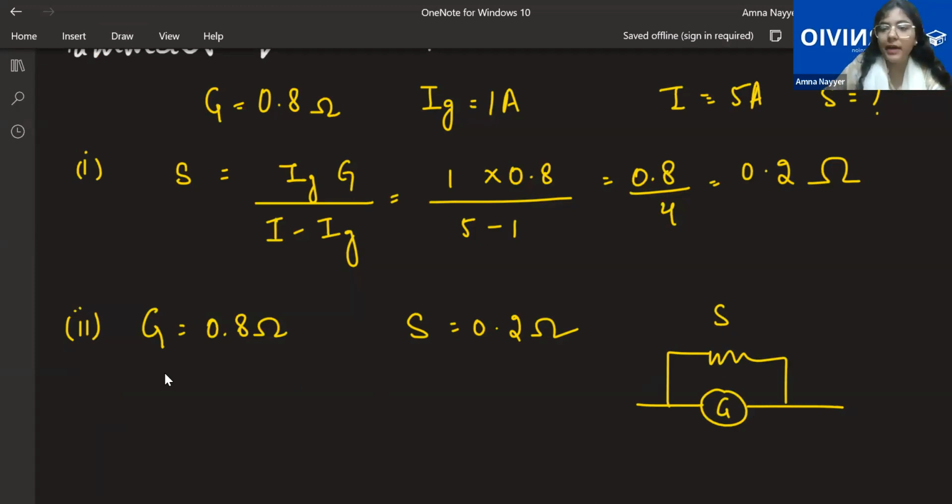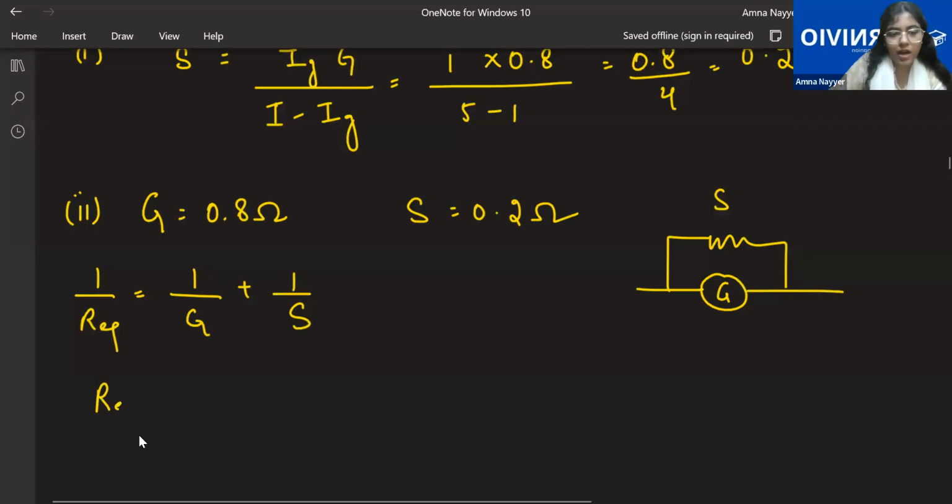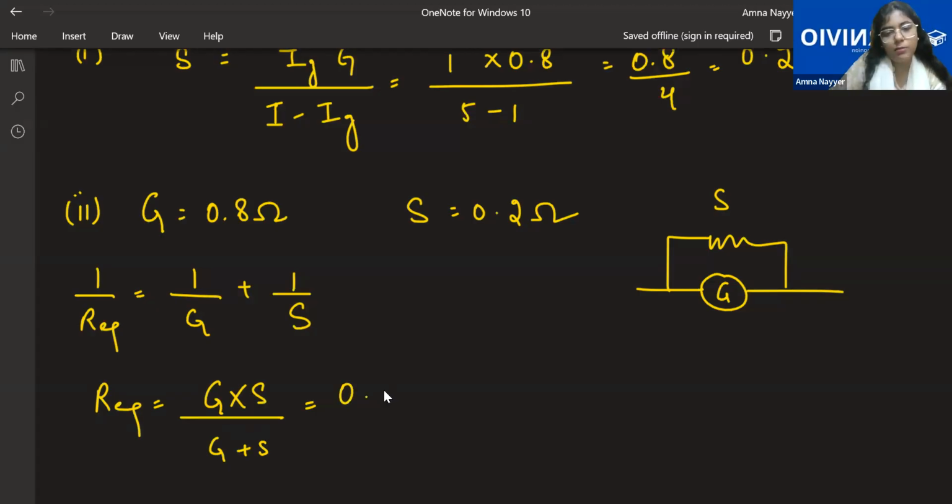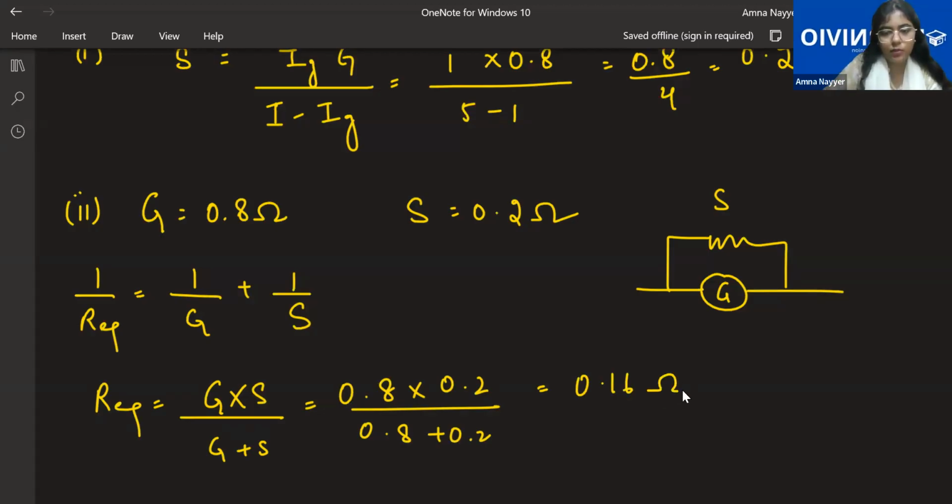So for the combined resistance, what's the equivalent? 1 by R equivalent will be 1 by G plus 1 by S. If it was the resistor for the voltmeter, if it was voltmeter, then we would have added. You're getting my point? R equivalent will be G into S by G plus S, 0.8 into 0.2 by 0.8 plus 0.2. This is 0.16, right? Okay, please write this down.